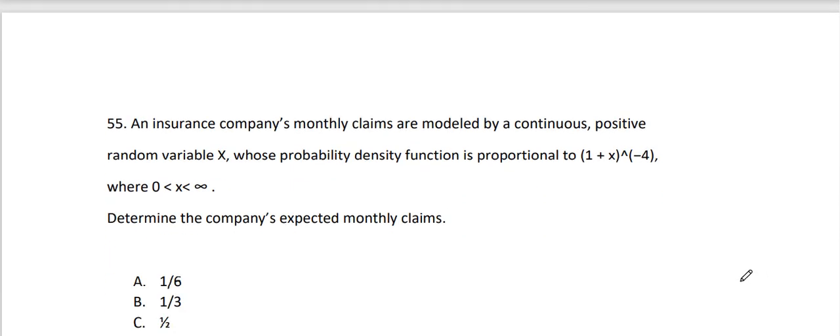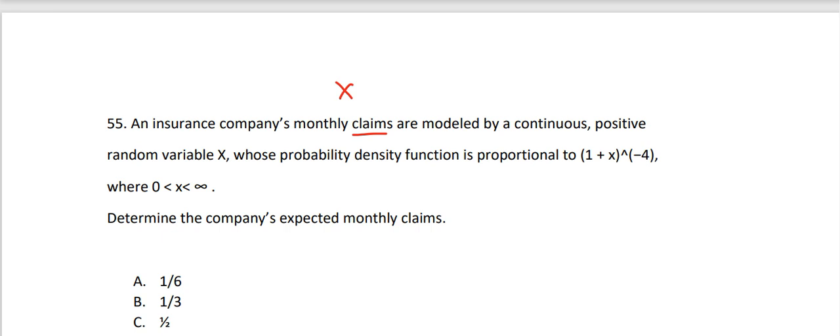Okay, for the last question, 55. Let's say the monthly claim, we denote as x.